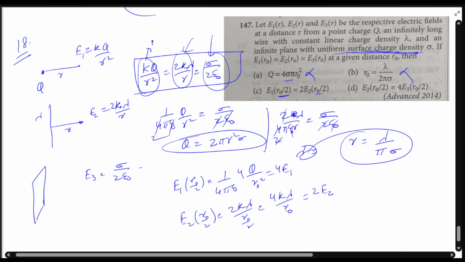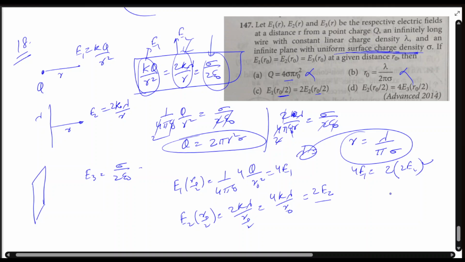So this was E1 and this was E2 and both were equal. So we will have now 4E1 and this is 2E2. So this is twice of E2. Yes, this is correct. So 4E1 is twice of 2E2.